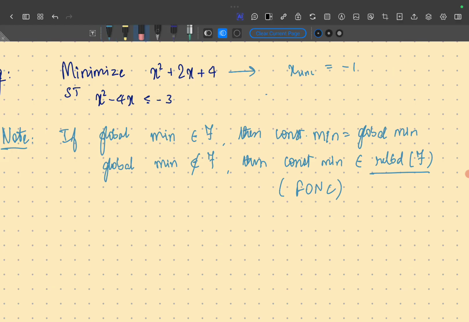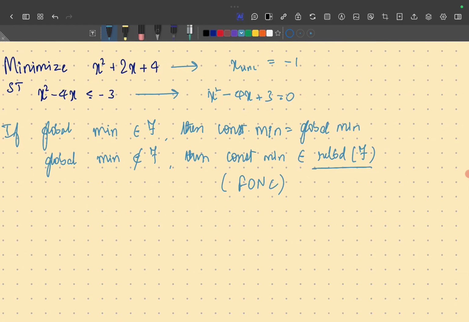That's fine. So, in this case, what does the constraint set look like? The closed interval from 1 to 3. And how did you arrive at this? You send the 3 to that side, so you get x squared minus 4x plus 3 less than or equal to 0.